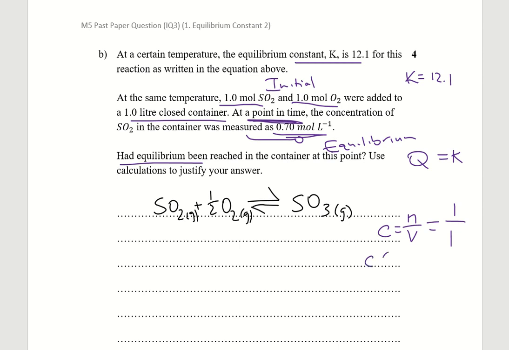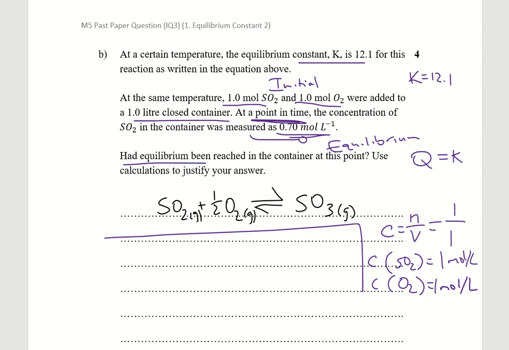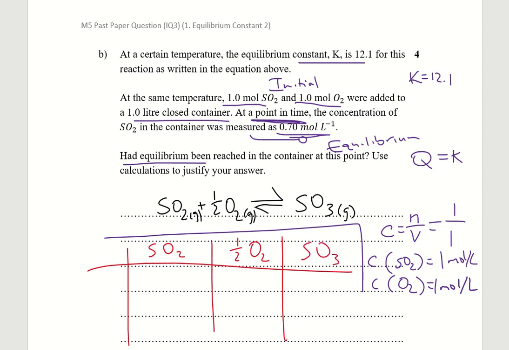So the concentration of sulfur dioxide is 1 mole per liter, and the concentration for O2 is also 1 mole per liter. So, easy stuff there. Okay, I'm going to create some space. What I'm going to do now is draw up my ICE table. So SO2, O2, and then SO3.